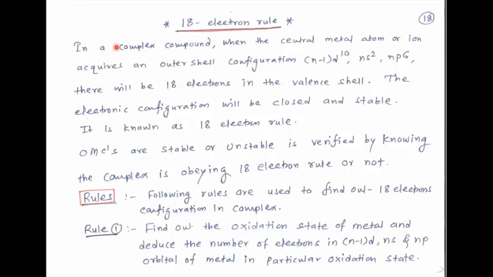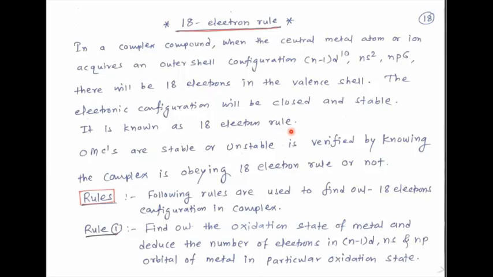So in a complex compound, when the central metal atom or ion acquires an outer shell electronic configuration (n-1)d10, ns2, np6, there will be 18 electrons in the valence shell. The electronic configuration will be closed and stable, and this is known as the 18 electron rule.